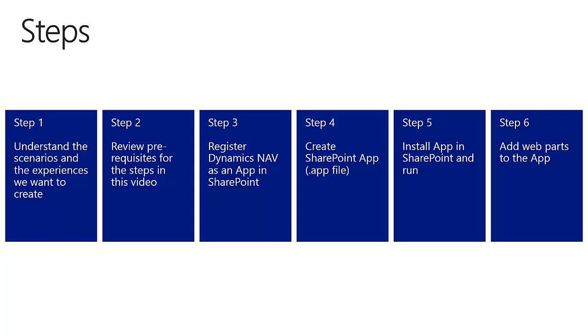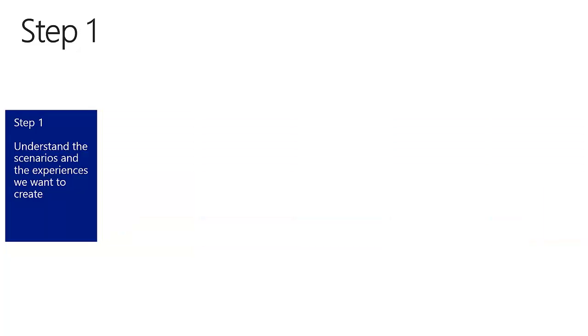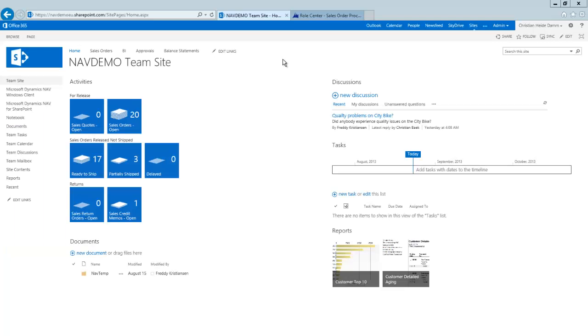In step 4, we show you how to create the SharePoint app. In step 5, we show you how to install the app on SharePoint and to run the app. And in step 6, we will go back and update the SharePoint app to include web parts that can be embedded on SharePoint pages. Let's start by understanding the scenarios and the experiences we want to create.